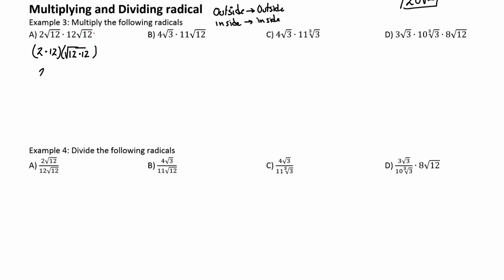You will have 24 square root of 144, and the square root of 144 is a perfect square, which gives you 12. So 12 times 24 is going to give you 288, I do believe. Yep, the answer is going to be 288.